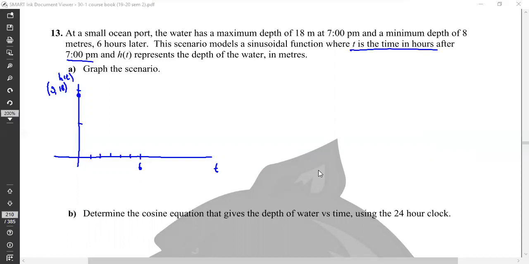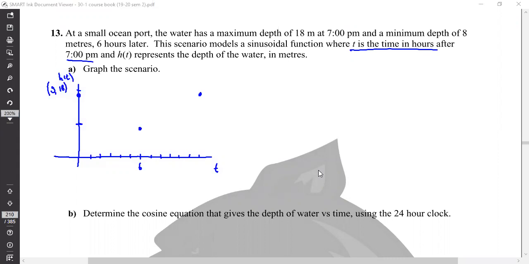I'm labeling axes. I have a minimum of 8, which is just going to be below this tick mark of 10. That kind of infers, when do I have maximum depth again? Well, if I have a maximum at 0 and minimum at 6 hours later, then 6 hours after that, we're back up to a maximum depth. And so it's going to look like this. And if we draw a graph of this, we're going to have a median line.